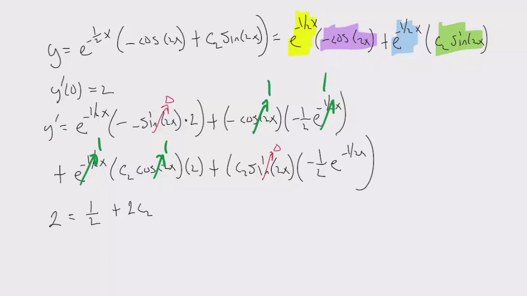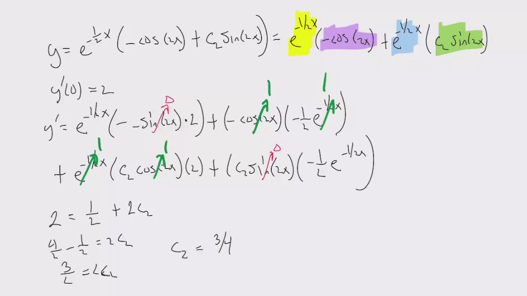So that would be 2 minus 1/2, which is 4/2 minus 1/2, equals 2C2. So 3/2 equals 2C2. So C2 would have to be 3/4.